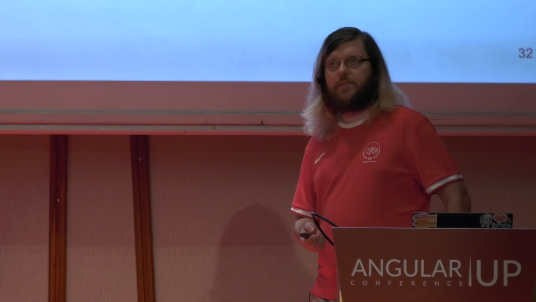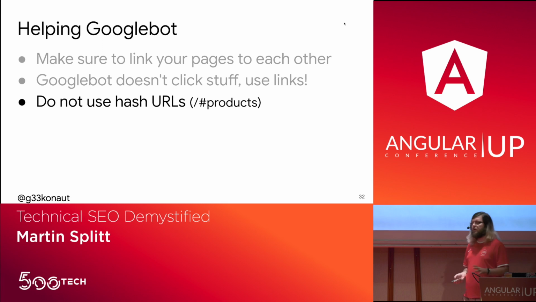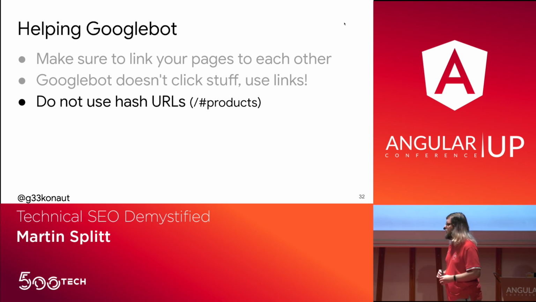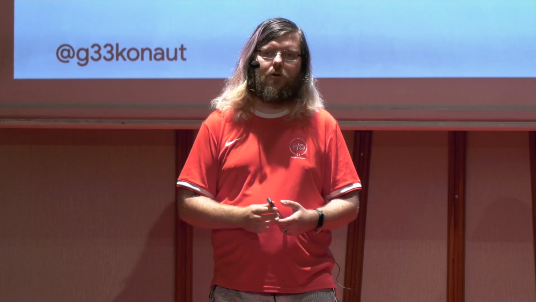Also, when I say URLs, do not, Angular doesn't do it anymore. Other frameworks have caught up as well. But if you are still having hash-based routing, like hash/products or hash/product/toaster, we don't actually crawl these properly. The problem there is these hashes are actually fragments, so part of the same content, so we can ignore them.